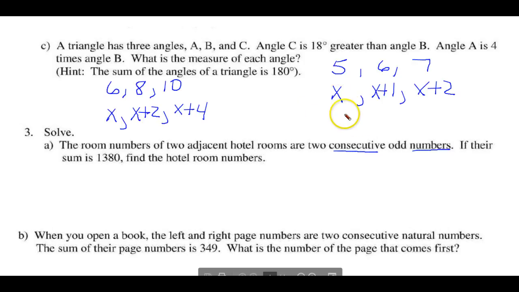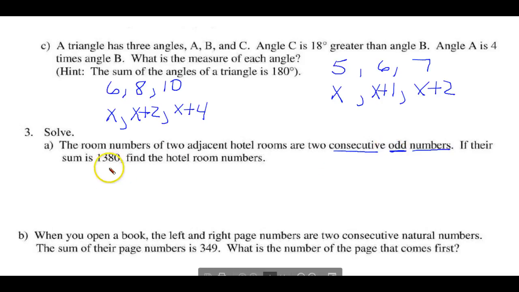So, algebraically speaking, these are any 3 even integers. Now we're looking for odd integers here.